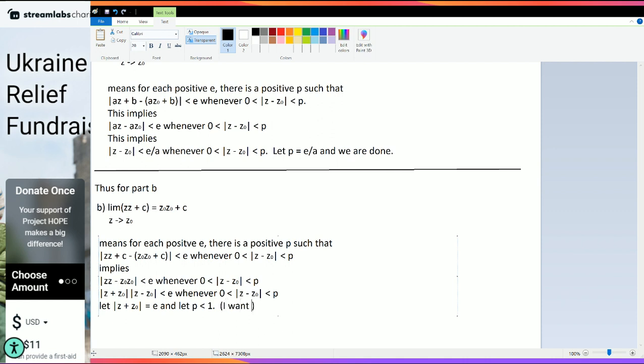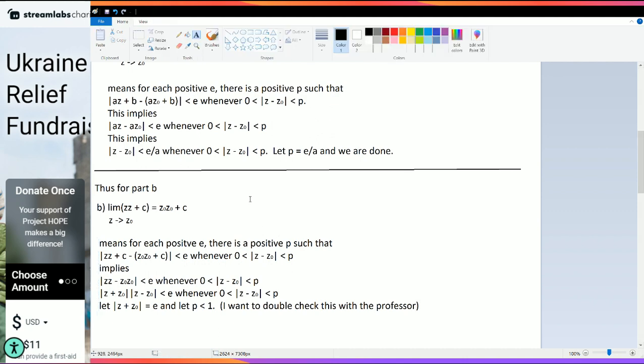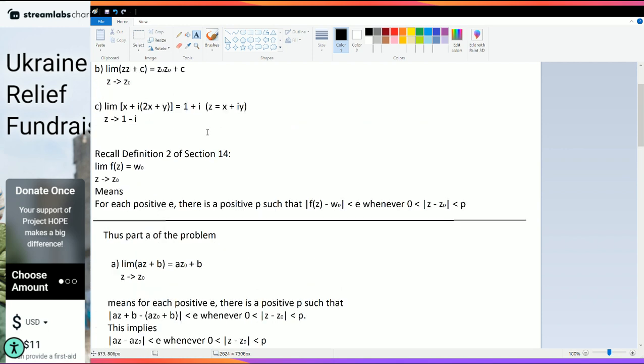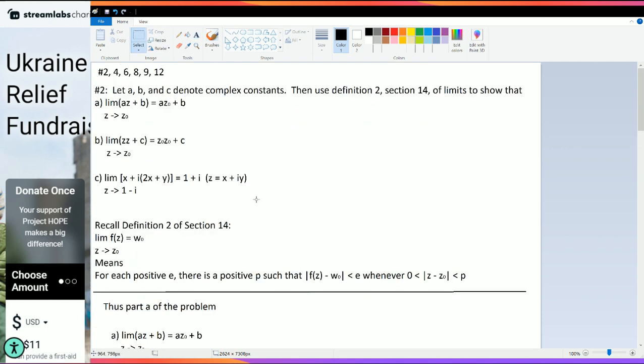I want to double check this with the professor. But for now, we can move on to part C.